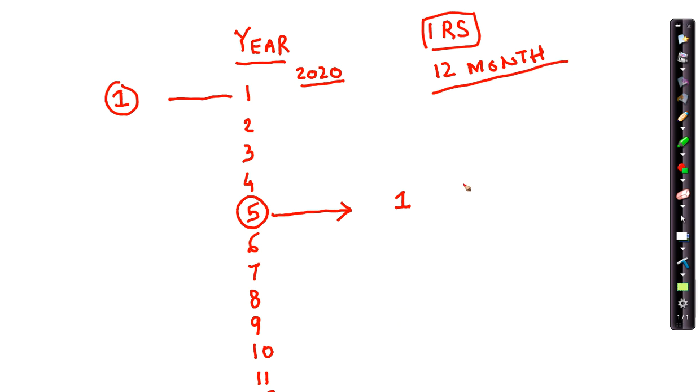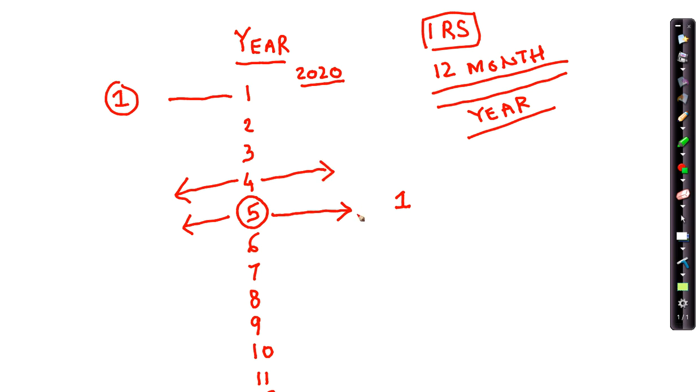When you open a corporation, you have to tell them what your reporting year is. You will say, when I provide my detailed statements, they will start from May and end in April.